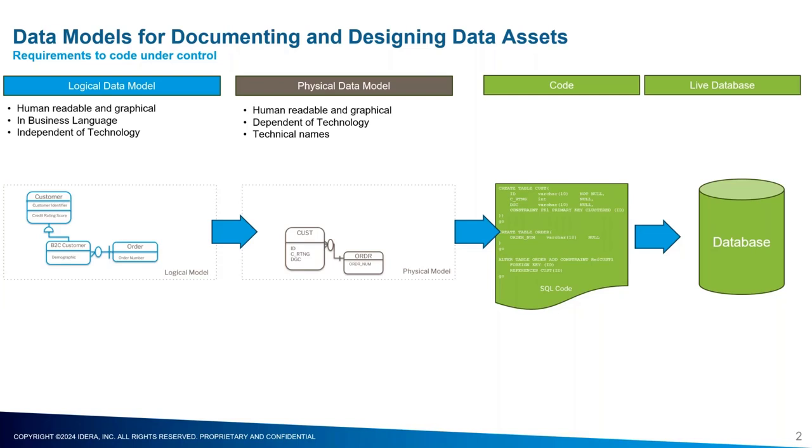So we create a physical model that's aligned with the database, and again human readable, but in technical language. Data modeling tools are available that will convert from a logical model to a physical model, and then from the physical model generate the code, and then you can deploy the code to the database. So that's the basics of data modeling.